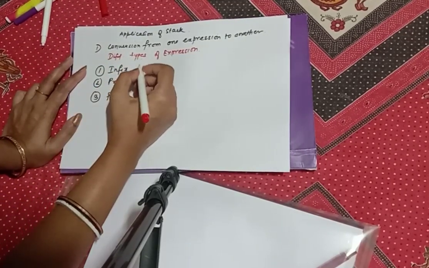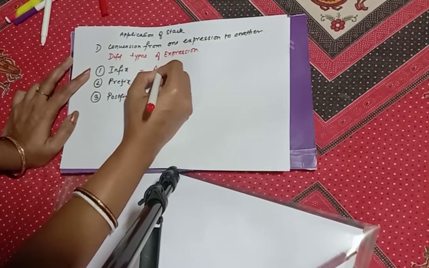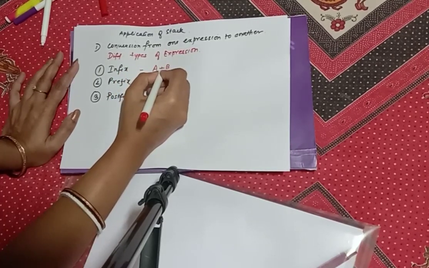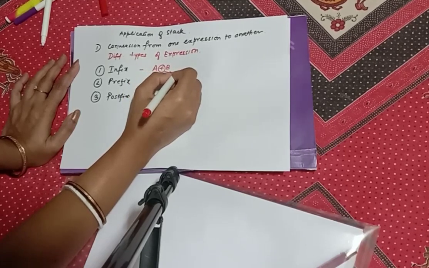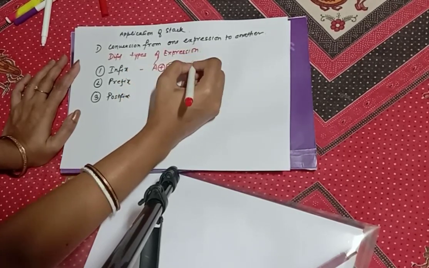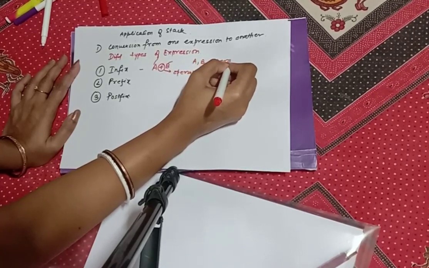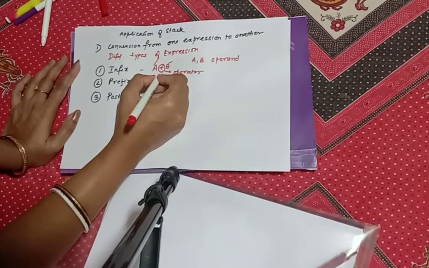Now in infix we write the expression like this. That is, this is known as an operator and this A and B are known as operands. This operator can be of any type.